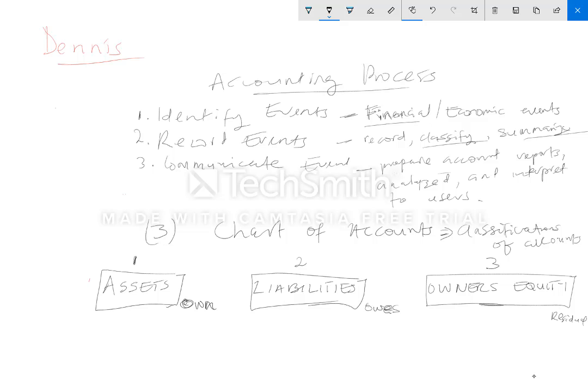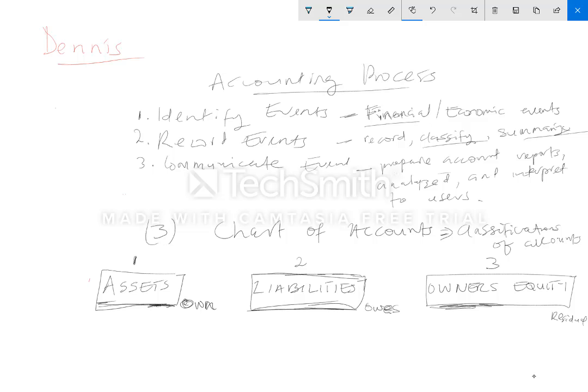All what the company has and all that needs to be paid for, and this is what you get after you pay all this debt. The remainder is your owner's equity.